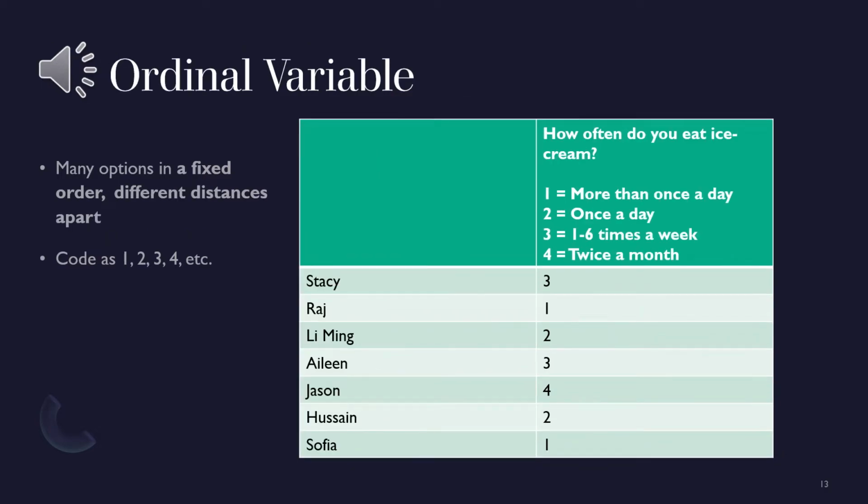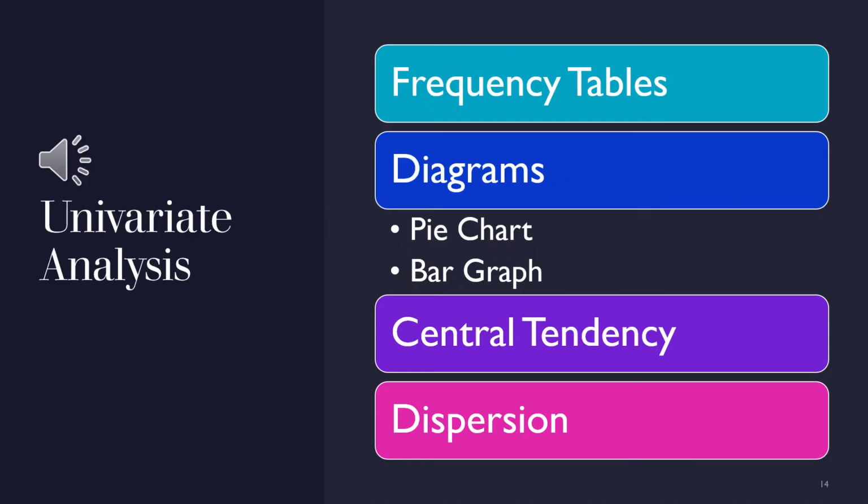Instead of asking participants if they have ice cream 1, 2, 3, 4, 5, 6, or 7 times a week, we could simply combine some of these categories. And when you combine these categories, the categories don't have a fixed ratio between them, but they're nevertheless in an order from least to greatest, for example. So these are ordinal variables and they're coded very similarly, just 1, 2, 3, 4, and so forth.